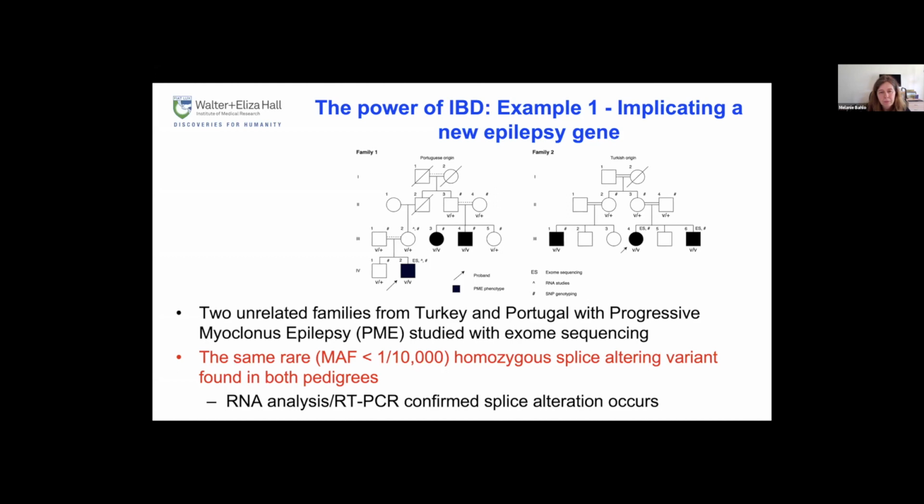And these pedigrees and the methods that we've got, we could potentially use them to gather more evidence to support this variant and this gene as being a truly novel epilepsy gene. The issue with these rare disease studies is always that this is as good as it's going to get. You have 2 families worldwide who are segregating this ultra rare variant, and you might never see another family.